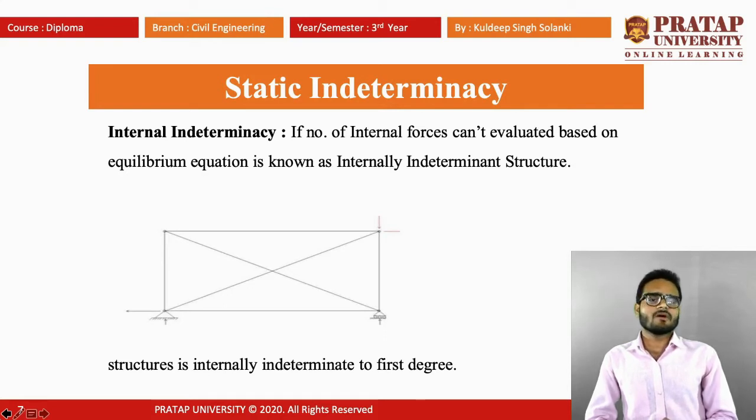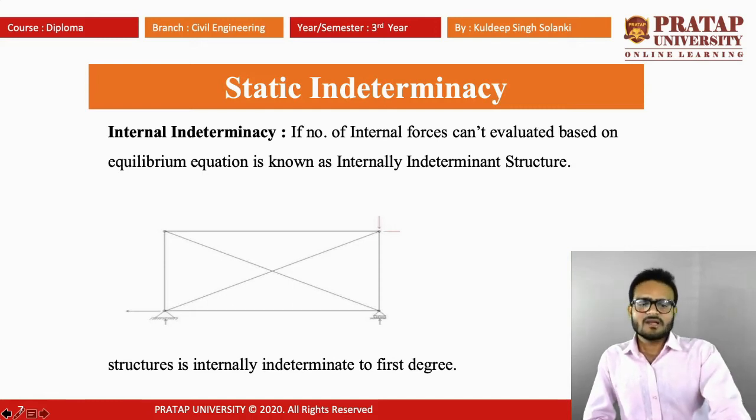See the figure. This is internally indeterminate to the first degree because this is a truss, and in this structure one inclined diagonal member is extra, so it is internally indeterminate to the first degree.